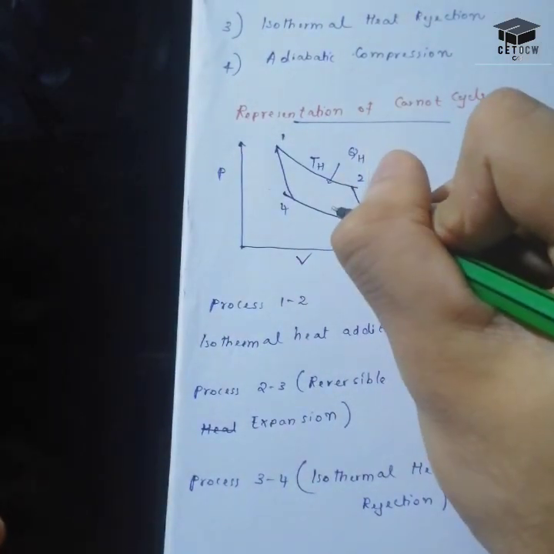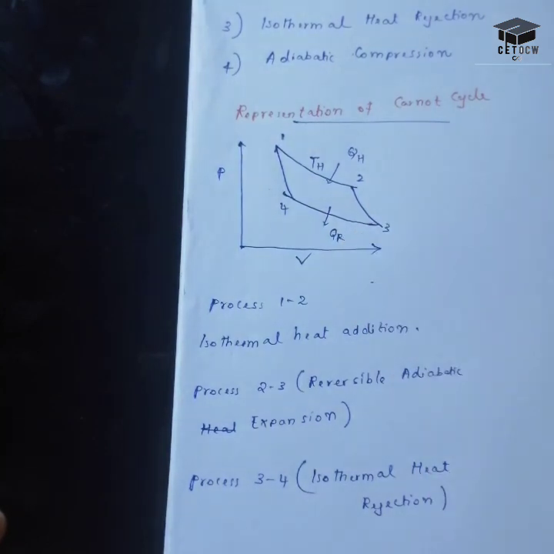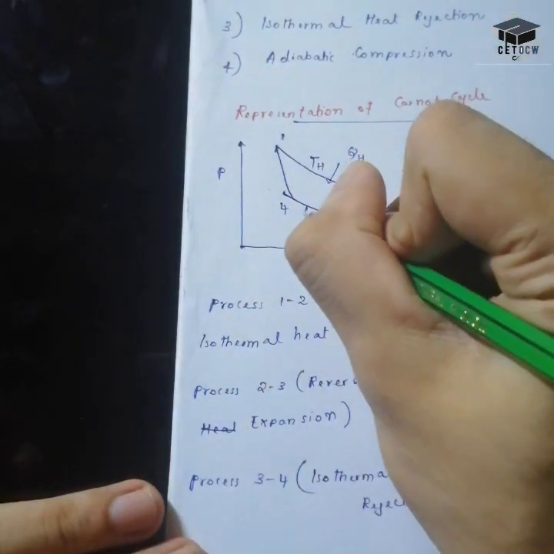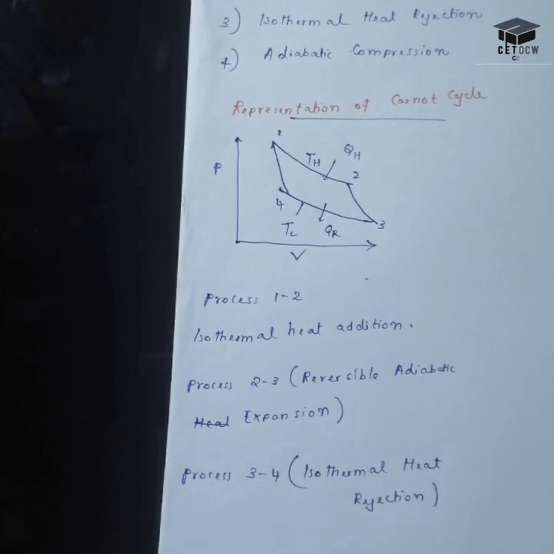Let that heat rejected be QR, and the temperature of process 3-4 is constant. Let it be TC. A certain amount of work is consumed by the process 3-4.